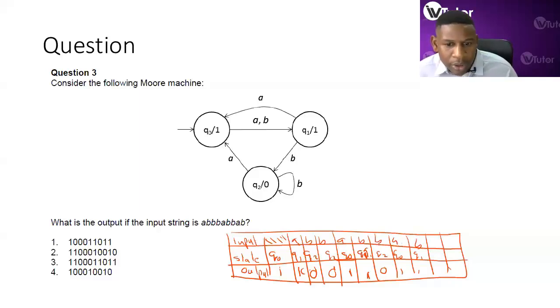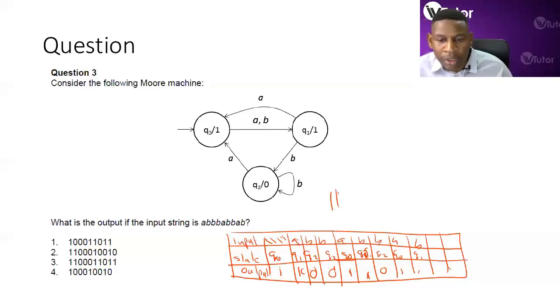Right. So let's just go through it again. Q0 and you encounter A. So I've got A double B here. This should be A triple B. I should have another column in between.